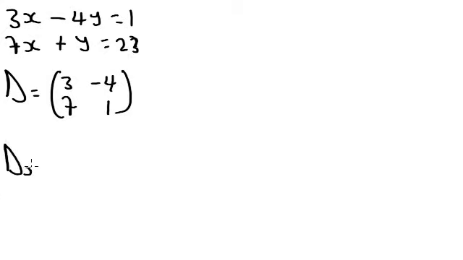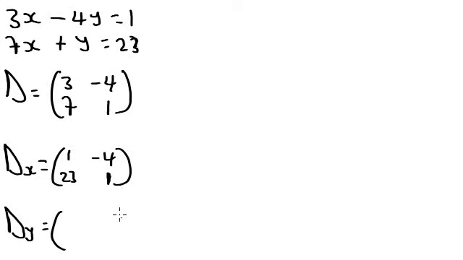Now D sub x. So D sub x will be a matrix similar to this, but the difference will be the change in elements of this column, and we are going to replace that with this, and that will be 1, 23, negative 4, and 1. Perfect. Now D sub y. This will also be similar to it because they have something in common, but with a change in elements, typically the elements in this column.